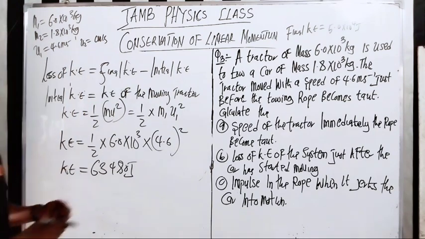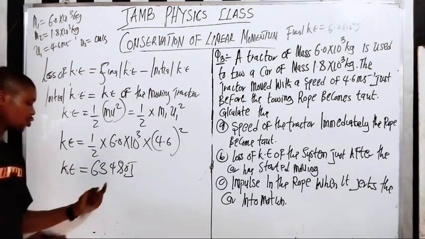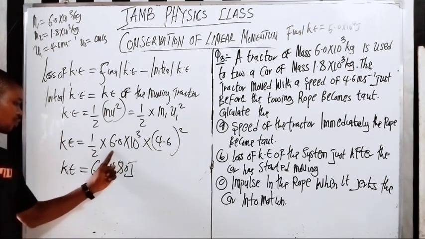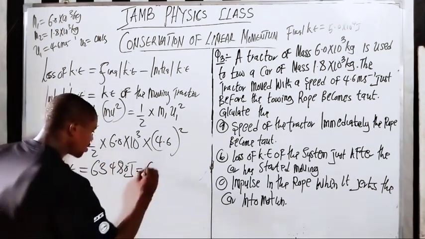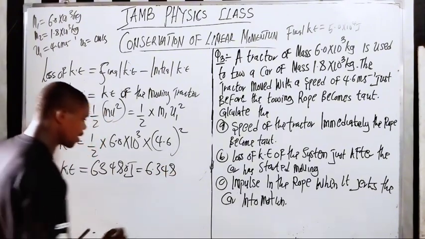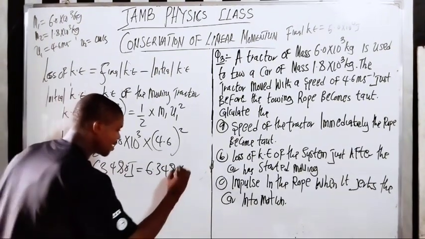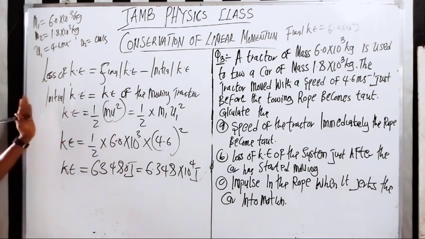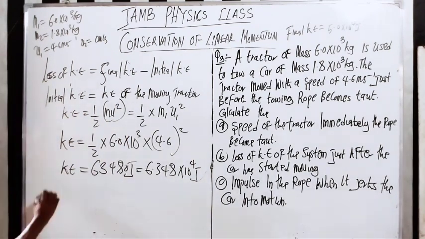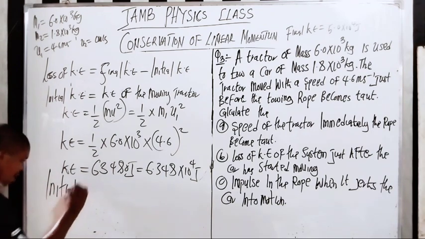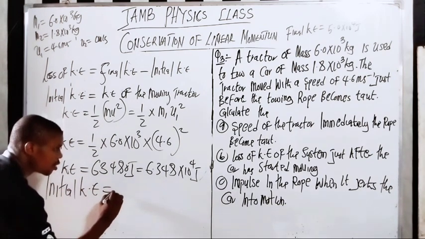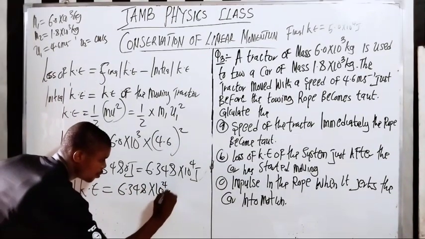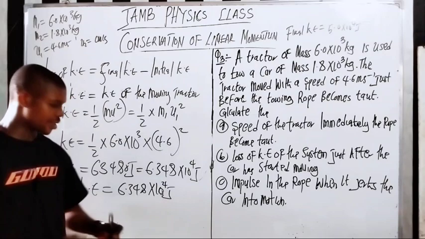So my initial kinetic energy is 6.348 × 10^4 joules. That is it. Do you understand?